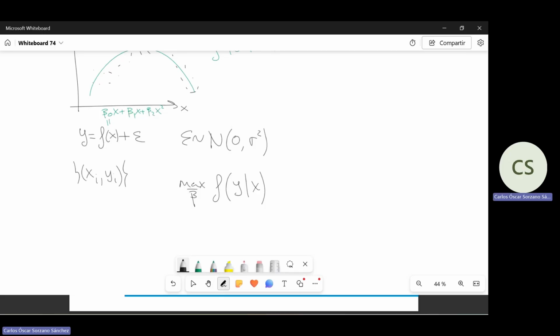So what is y given x? If I'm trying to maximize this likelihood, it is maximum when the error is small. So I'm looking for the betas that make this epsilon as close to zero as possible.